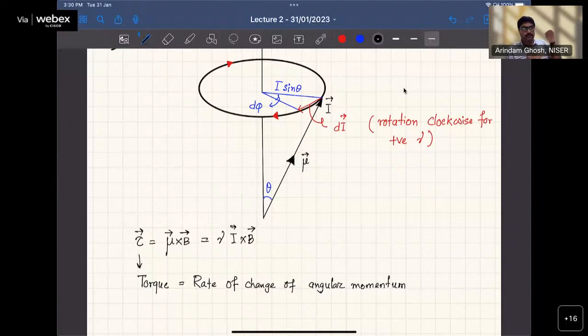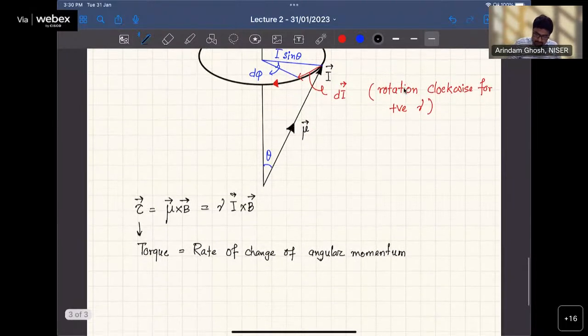Similarly, a torque, where rotation is involved, is the rate of change of angular momentum. Therefore tau can also be written as dI/dt. I is the angular momentum, here it is spin, dI is the change in I, and dt is the change in time. So the change in I divided by the change in time is the rate of change of I with respect to time, and this is tau, correct?